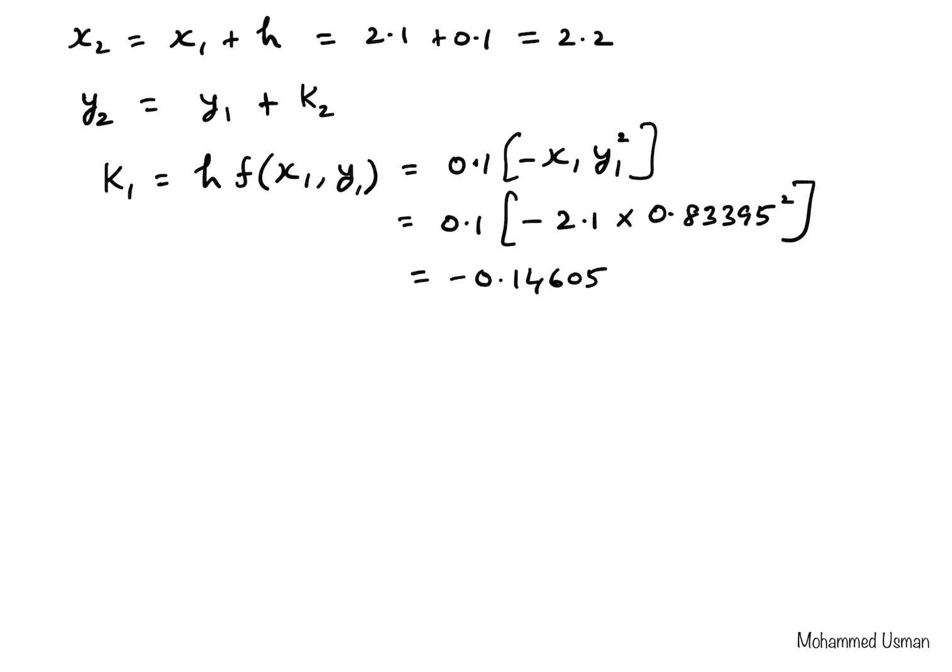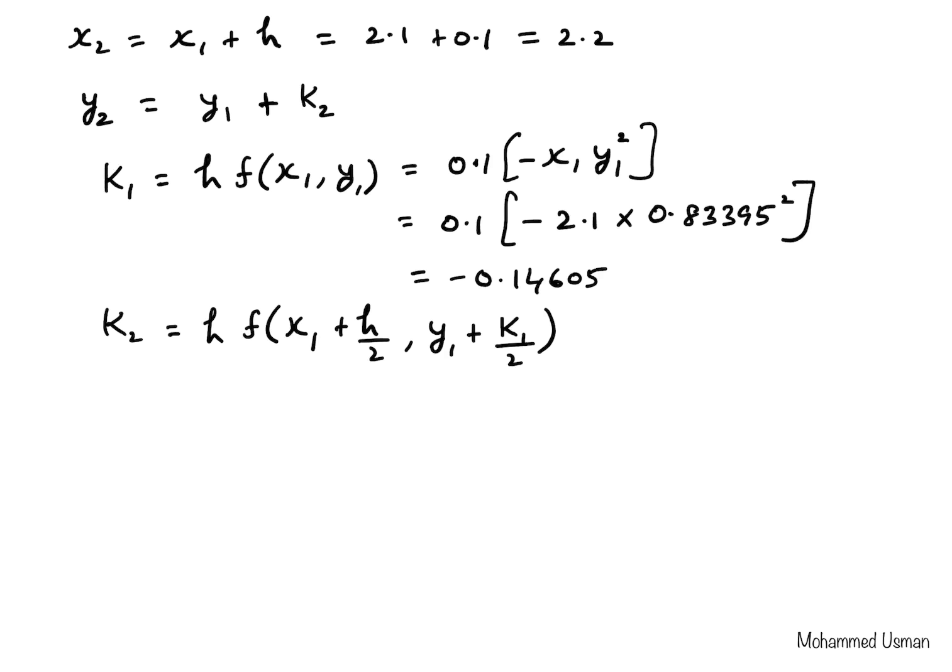So that's our k1. Next we want to compute k2, which is h into f of x0 plus h by 2, comma, in this case it's not x0, it will be x1. So it will be x1 plus h by 2, comma, y1 plus k1 by 2.